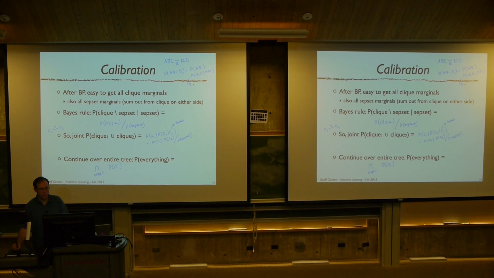And that's equal to P of B, C, D given B and C. So I should just cross out, given B and C, we'll be fixing those arguments.